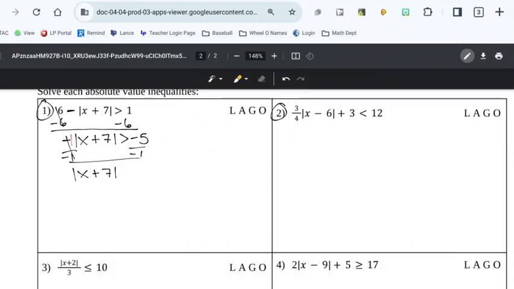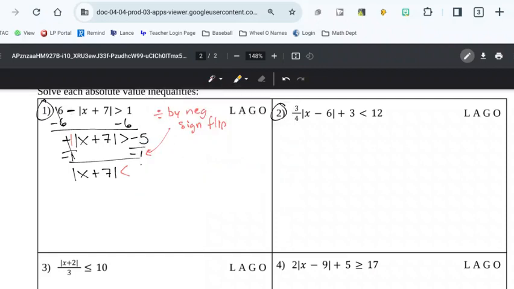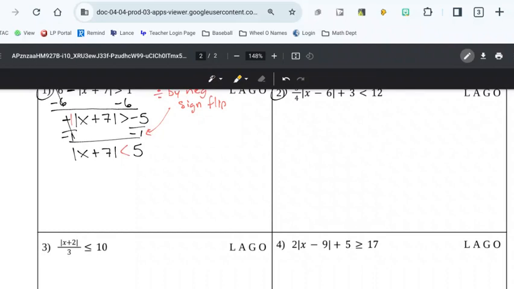And then again, we just divided by a negative. When we divide by a negative, we get a sign flip. So that greater than sign becomes a less than sign. And then negative 5 divided by negative 1 is a positive 5.